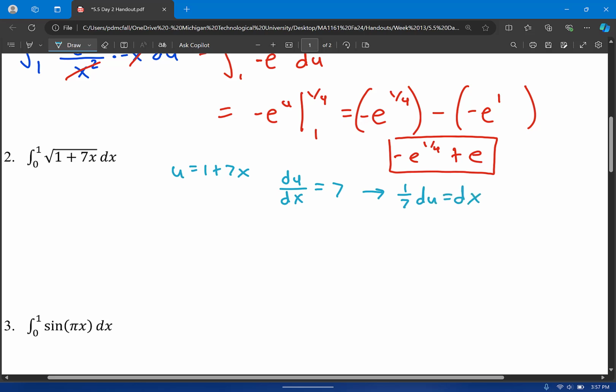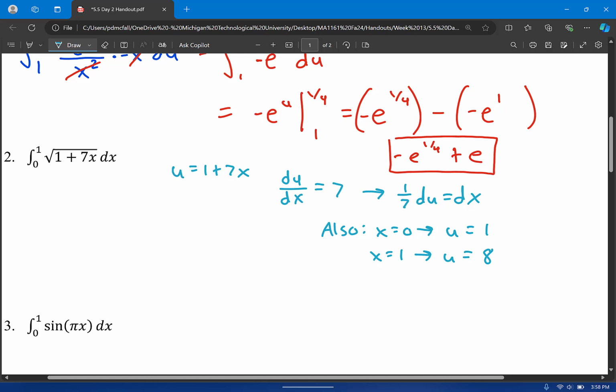And also remember, I need to change my limits of integration to be in terms of u. So also, when x is 0, u is equal to 1 plus 7 times 0, it's just 1. And when x is equal to 1, u is equal to 1 plus 7 times 1, that's 8.